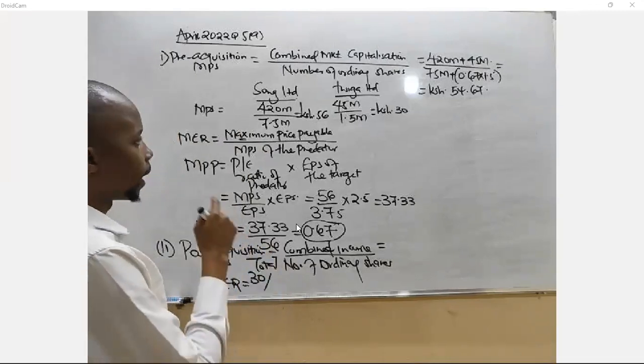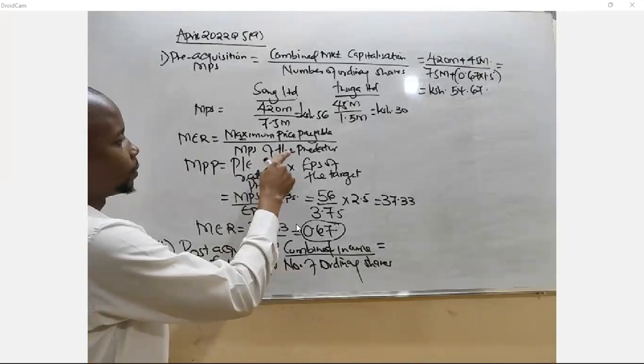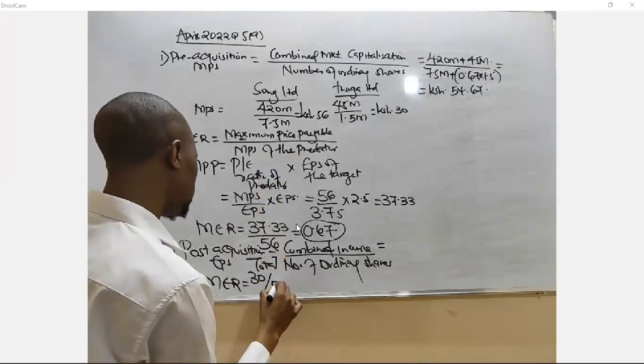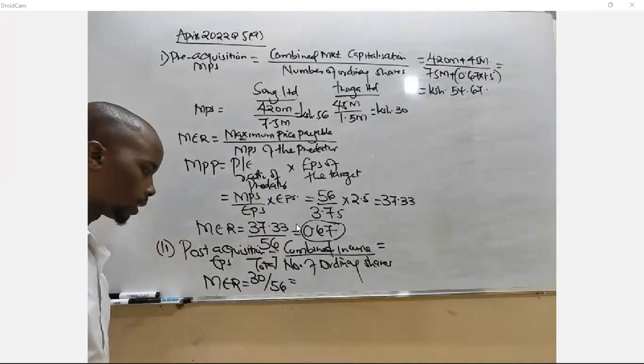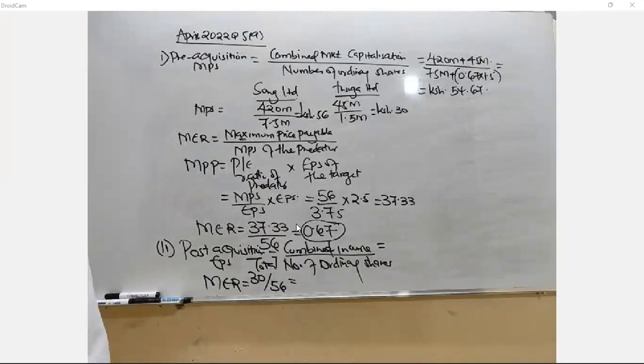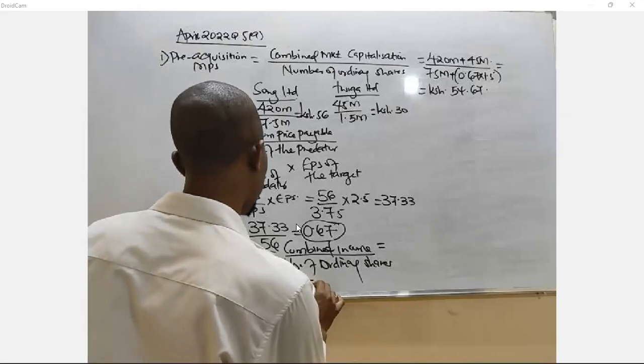Then you divide it by the market price per share of the predator, which is 56. So 30 divided by 56 is something closer to 0.54.